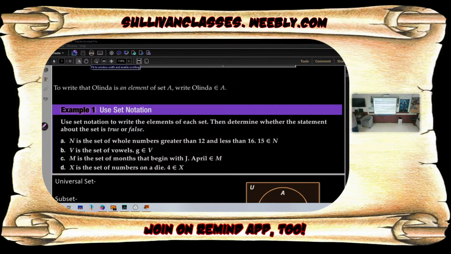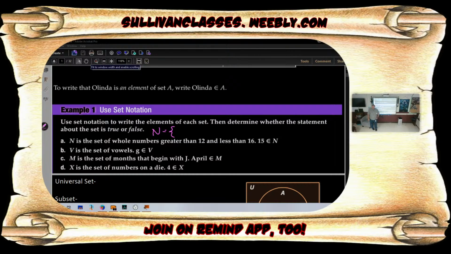So use set notation. In each one of these, I just want you to write it as a set. I want you to tell me if their statement is true. So when I say n is the set of whole numbers greater than 12, less than 16, I'm going to write that as n, label the set, is set brackets.